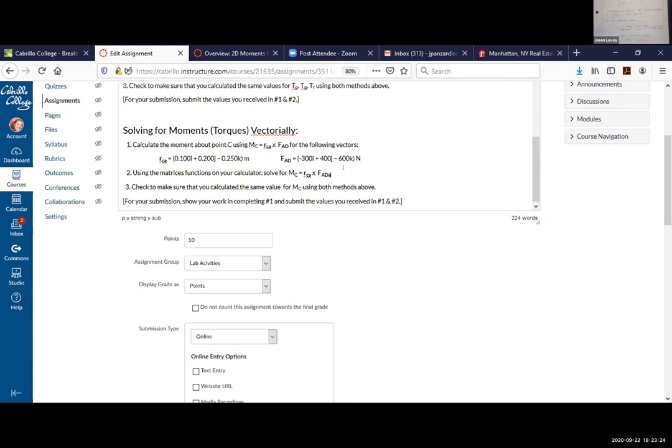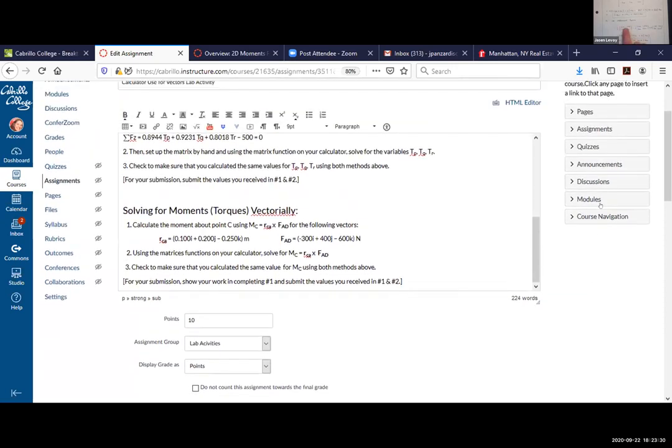Yeah, you enter a matrix, that's this, but then the action that you put on the matrix, the feature you apply, or method, is determinant. You could say, use the determinant feature on a matrix in your calculator. Input vectors.